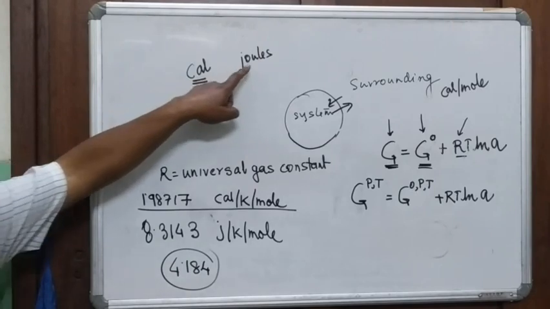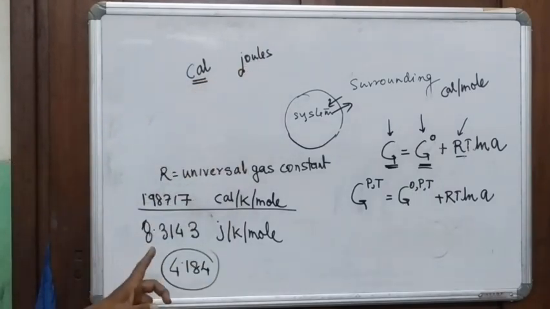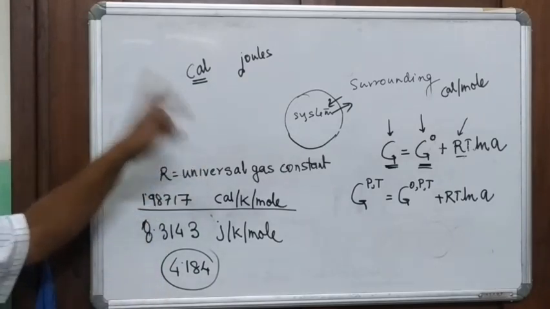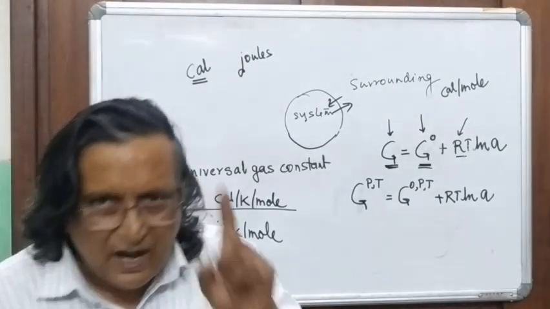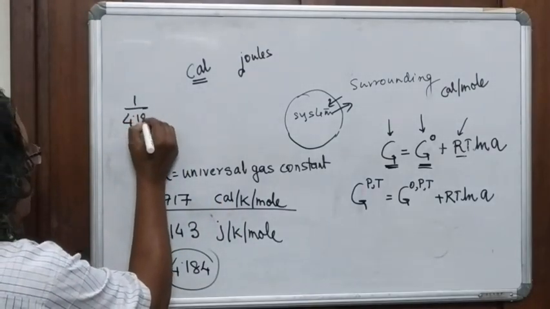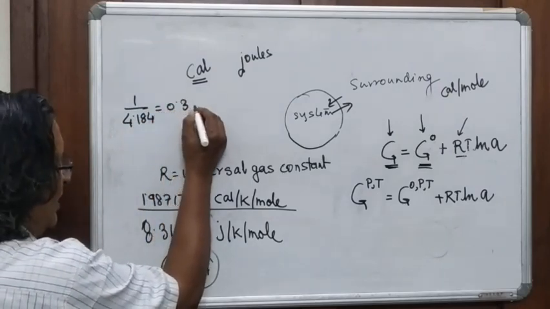That means if you take joules and divide it by 4.184, then you get calories. Have you understood? Or 1 by 4.184 is equal to 0.3, you find out the number.